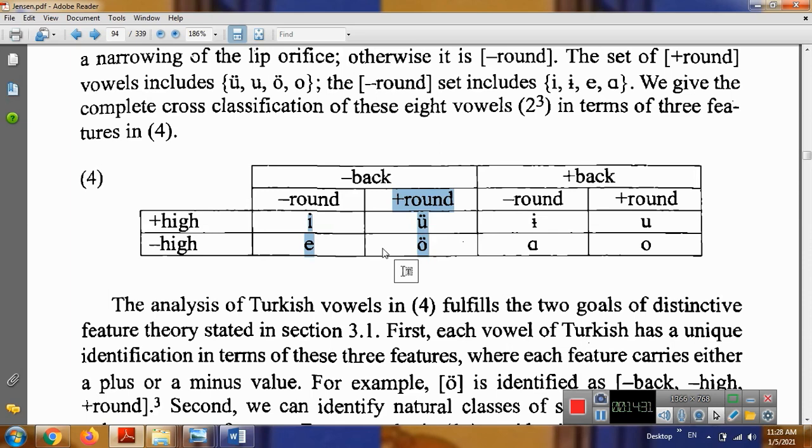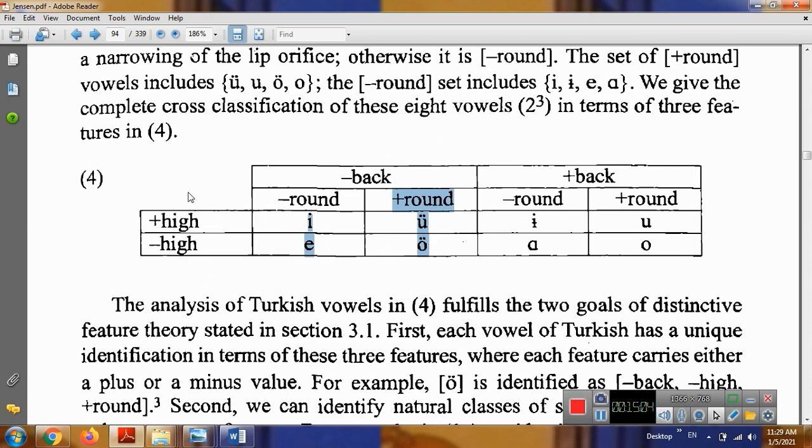According to what feature are they the same with each other, and according to what feature can we consider them a natural class? What is the shared feature between them? As I told you, in Turkish we have three features according to which we describe the Turkish vowels: plus and minus high, plus and minus round, plus and minus back.